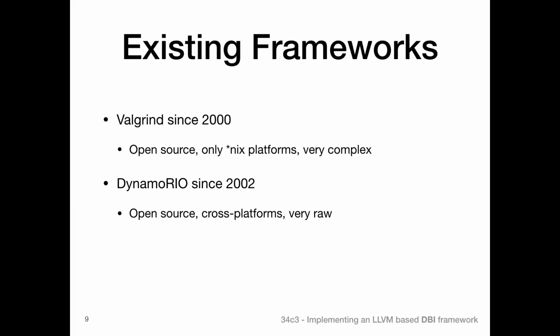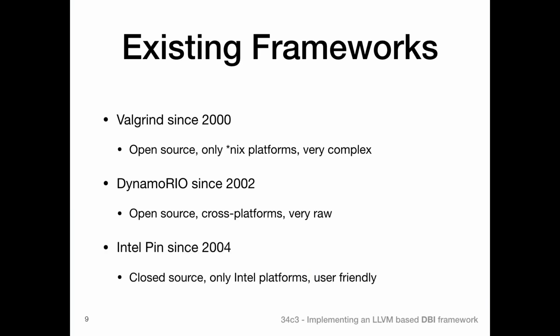It's cross-platform, cross-architecture. However, it's very hard to use too, because you basically have to manipulate the instructions in assembly yourself, which is quite error-prone. And the last one is Intel pin, which is the most popular one because it's very user-friendly. However, it only supports Intel platforms and it's closed source.